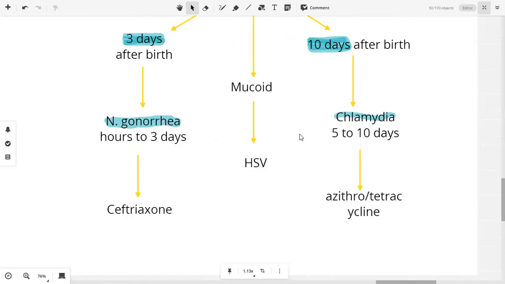You cannot be sure that it's Neisseria gonorrhea because of the early start, but you cannot be sure of the absence of chlamydia. So in 50% of cases, there's a co-infection by both Neisseria gonorrhea and chlamydia trachomatis. The practical implication is that you have to treat both.